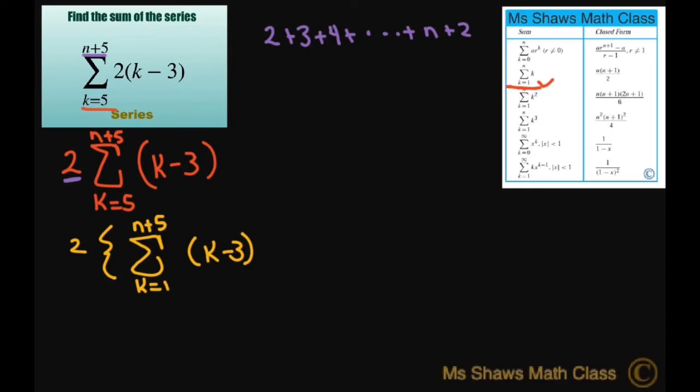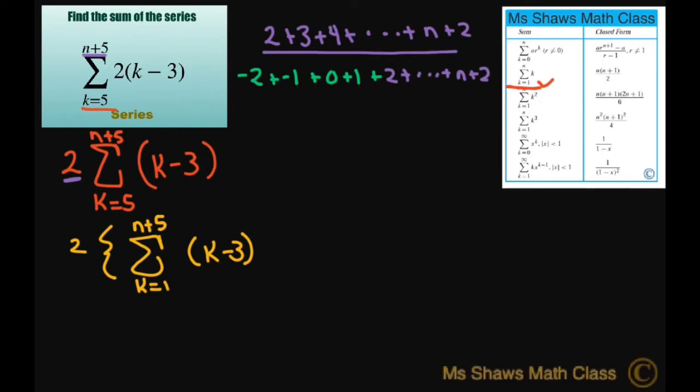So if I start with 1, I'm going to get negative 2, and then I'm going to get plus negative 1, plus 0, plus 1, and then we get back to our original sequence, 2 plus all the way to n plus 2.